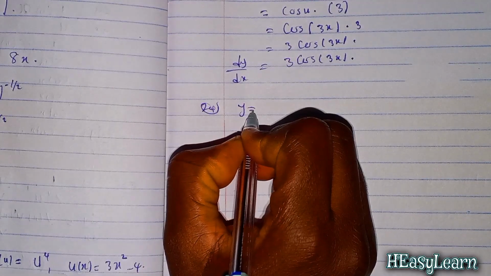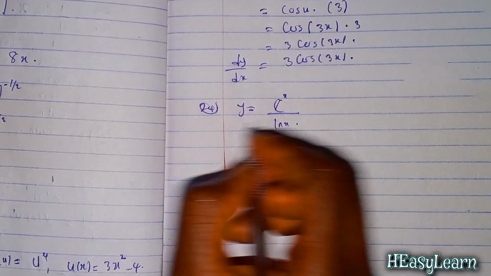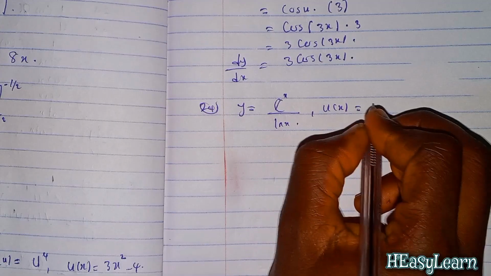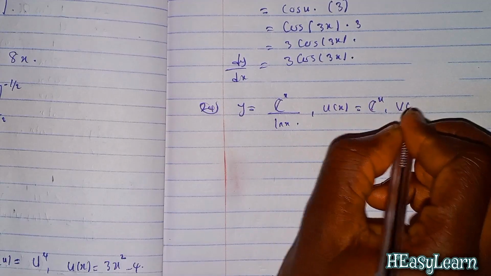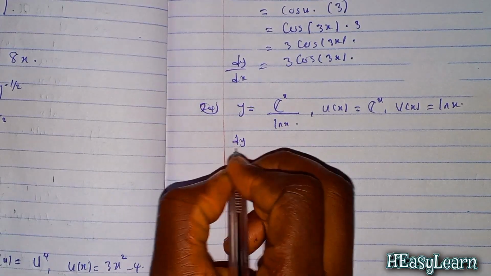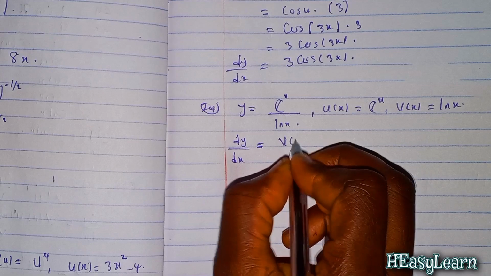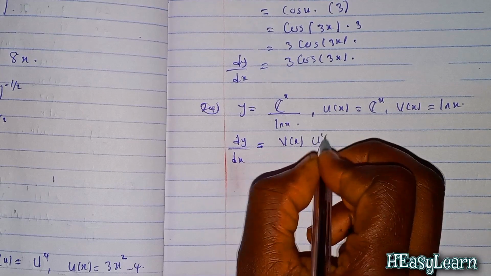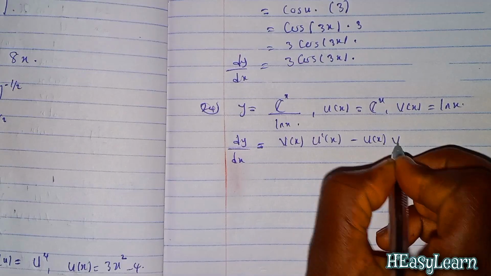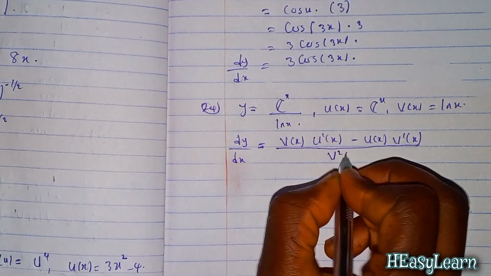Let y equal exponential x over ln x. So this is a quotient rule, for which the numerator is called u of x, exponential x, and the denominator v of x is equal to ln of x. To find the derivative of this function using the quotient rule: keep the denominator v, differentiate the numerator, minus keep the numerator, differentiate the denominator, over the square of the denominator.